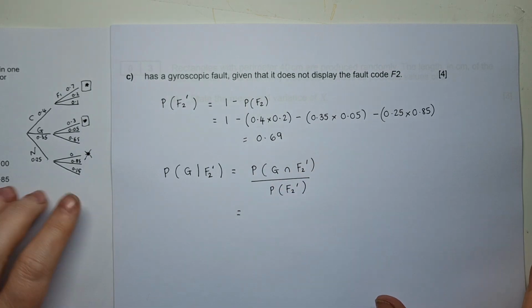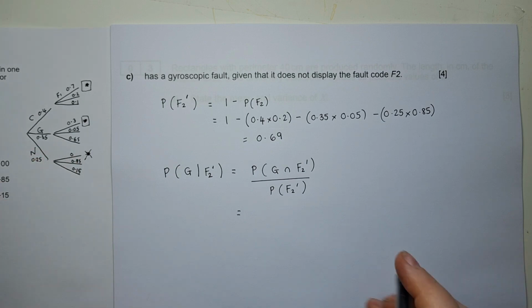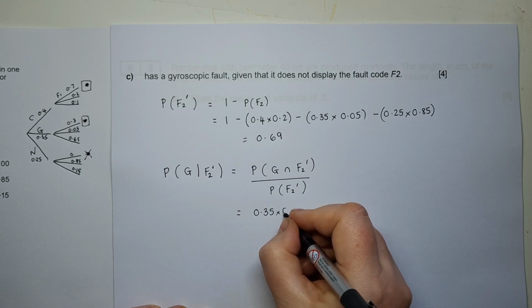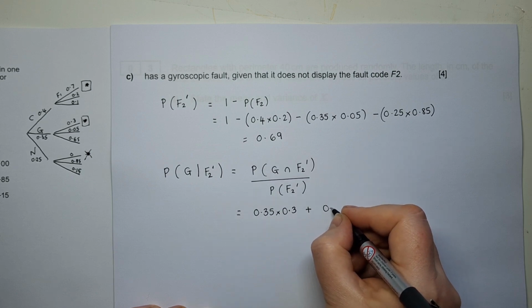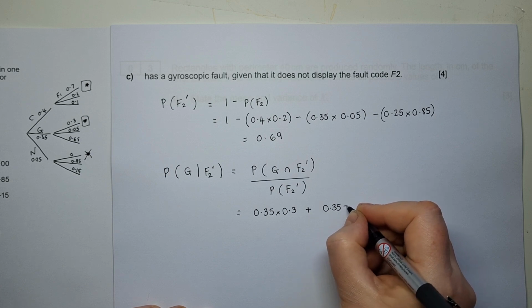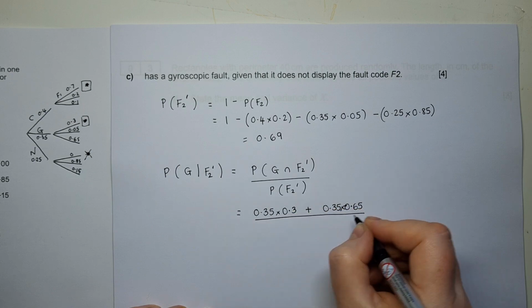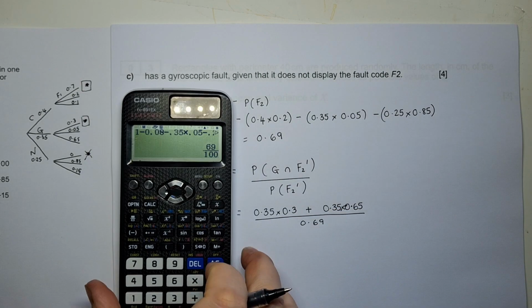Okay, so I'll refer back to my tree diagram again. The way I can be a G and not an F2 is if I'm a G and an F1, or I could be a G and an F3. And then I'll divide that by the chance I was not an F2.